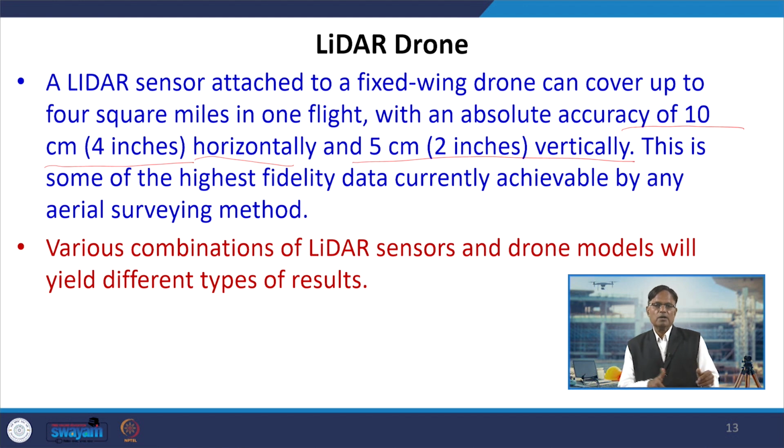Planimetry accuracy and the height accuracy, we are getting 10 centimeter and 5 centimeter respectively. And this is some of the highest fidelity data currently achievable by any aerial surveying method. So, this is considered to be the best method of collecting data with very high accuracy.